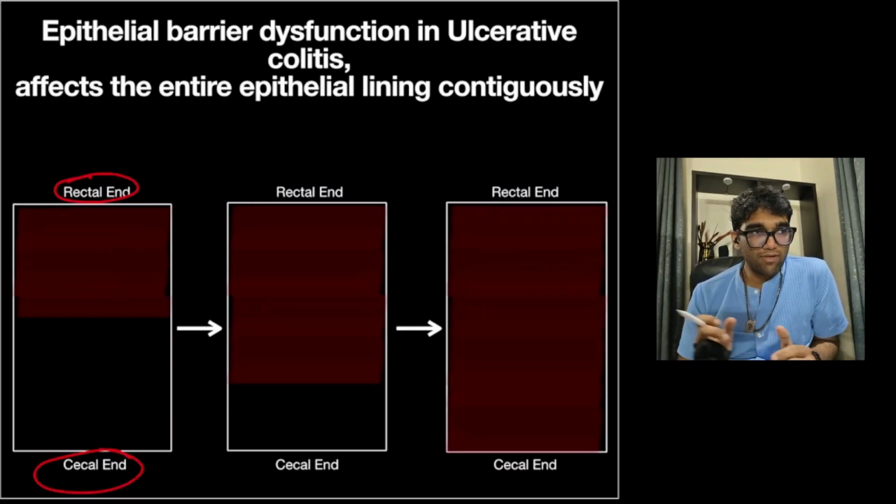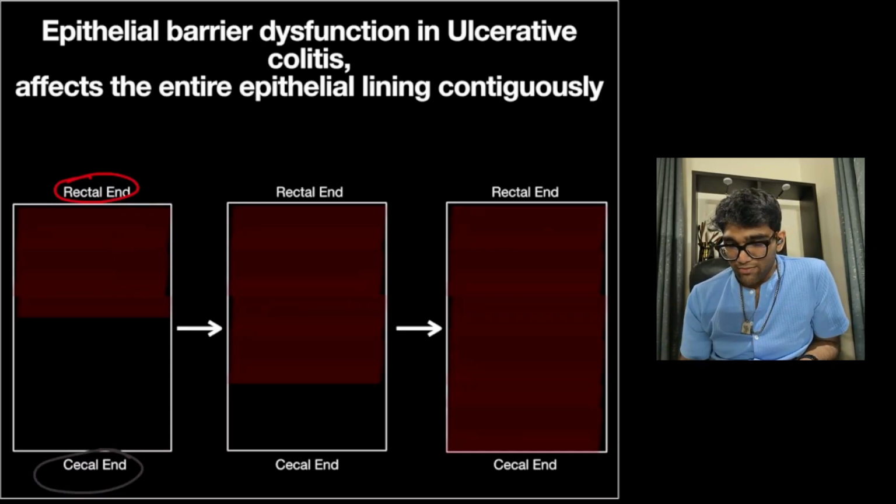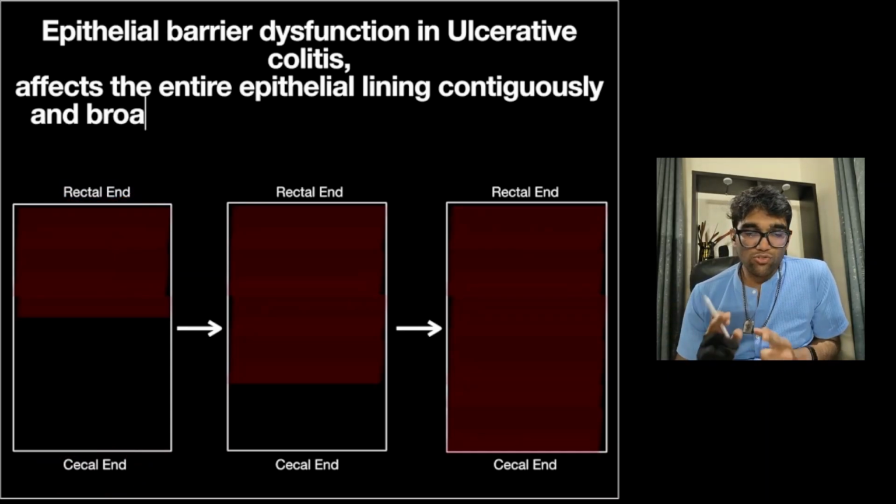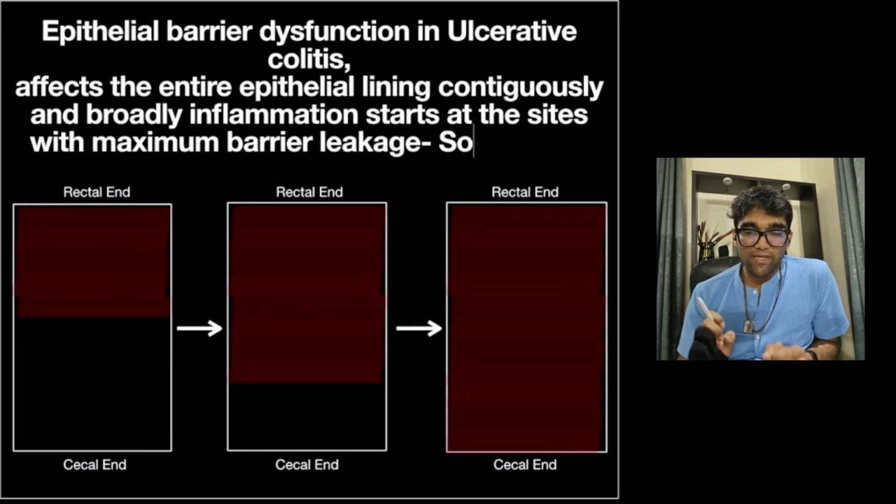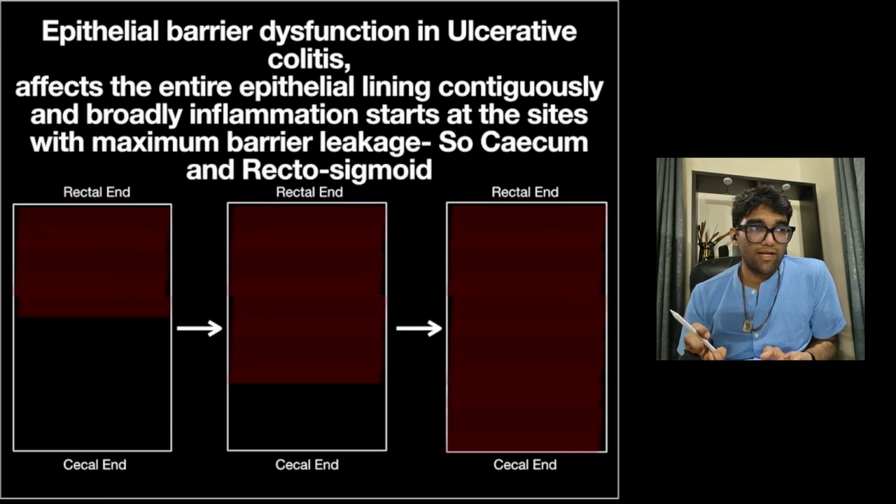One is the cecum and the other one is the rectosigmoid segment. Those are the parts that are bulbous and large in size. So it is those two sites that are, broadly speaking, the sites where intestinal Th2 polarization and then Th9 polarization is likely to happen in ulcerative colitis. Okay, so those are the two most common sites.